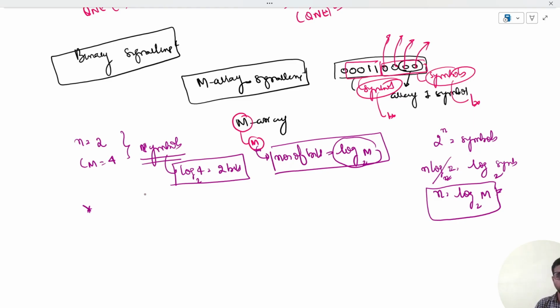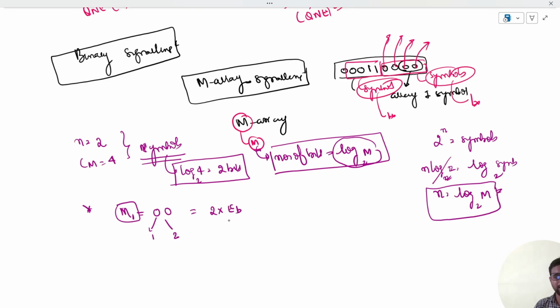So suppose this is my symbol M1. If this is represented with 2 bits, this will be 1 bit, this will be 2 bits. So what would be the energy of M1? It will be nothing but 2 times Eb.